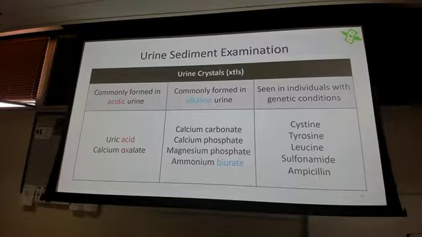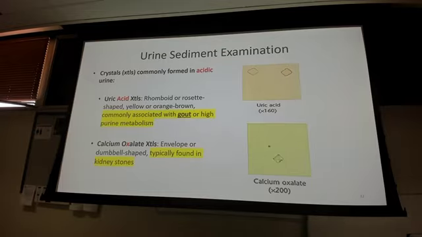Just memorize it. So in acidic urine, you have uric acid and calcium oxalates. In alkaline urines, you have calcium carbonate, calcium phosphate, magnesium phosphate, and ammonium biurate, okay? And then I will let you know which ones in particular I want you all to know.